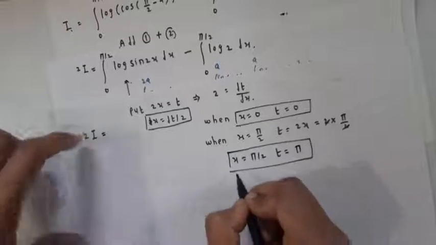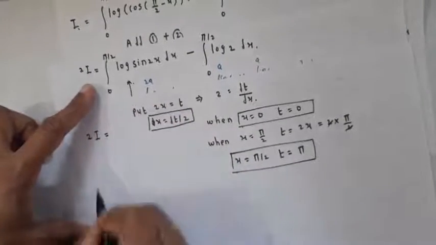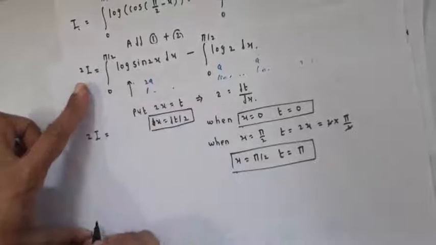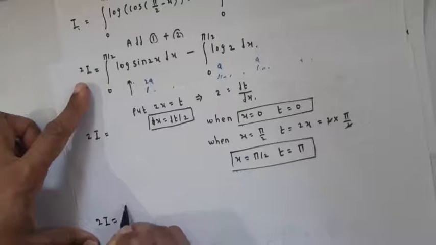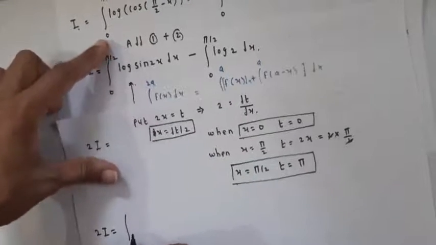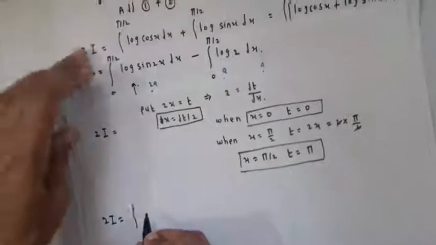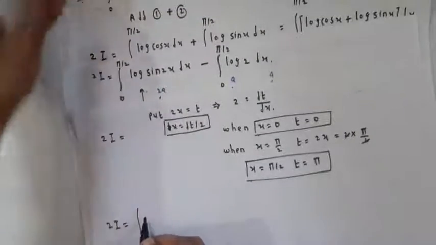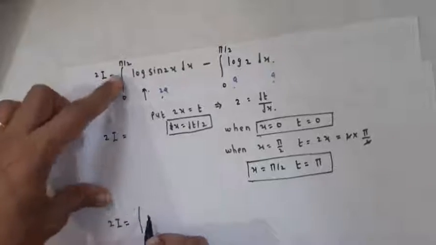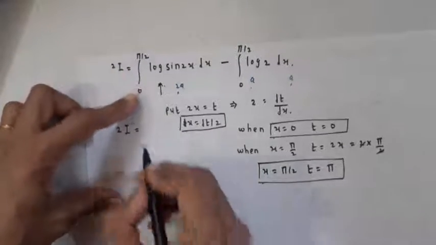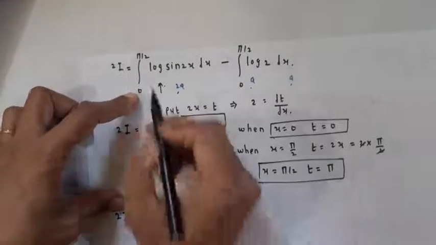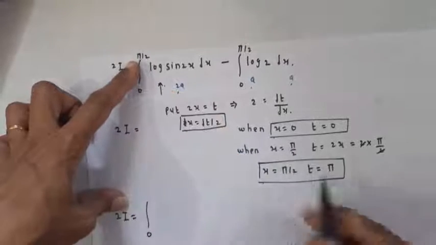So the integration, 2I equal to 0 to pi by 2. When x is 0, t is 0, and when x equal to pi by 2, t equal to pi.